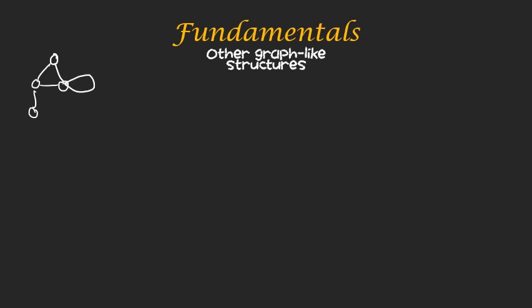All right, one last slide for other graph-like structures. With a simple graph, some people call these simple graphs, we don't allow things like loops, an edge going from a vertex to itself. So an edge like maybe this is vertex 3, an edge like 3, 3.